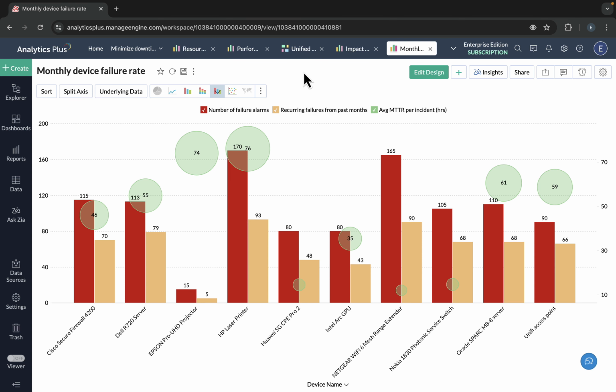So overall, this visualization isolates problematic assets and ensures that you triage the root cause as well as take proactive measures to prevent downtime due to failures of such devices.